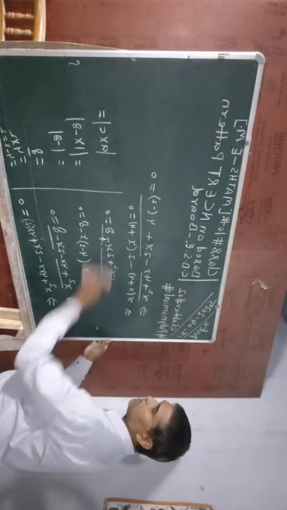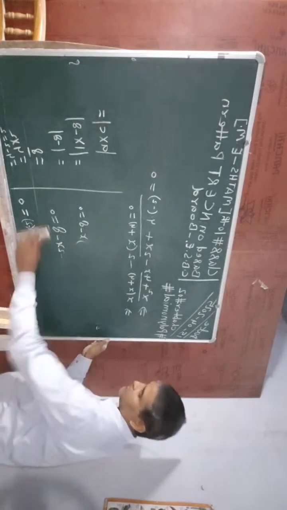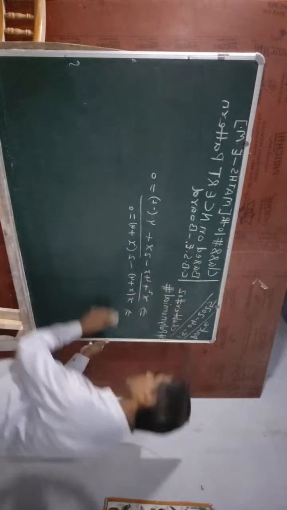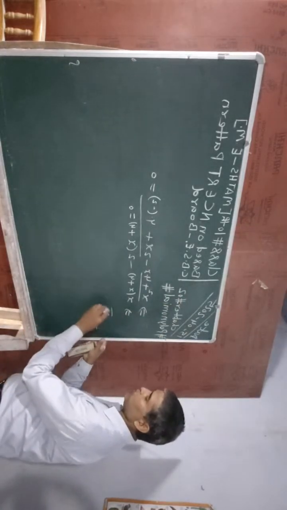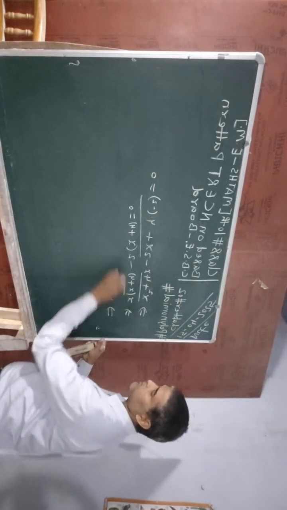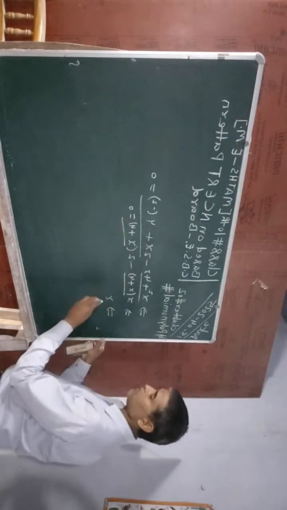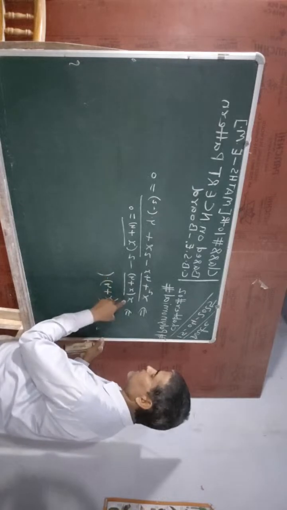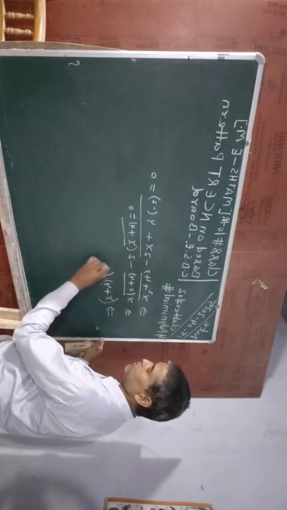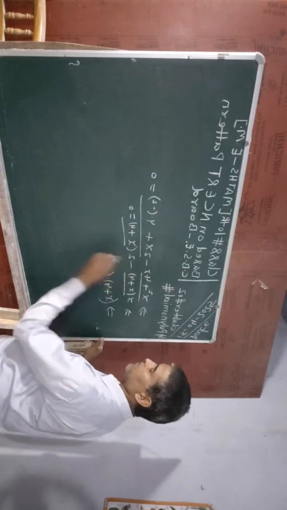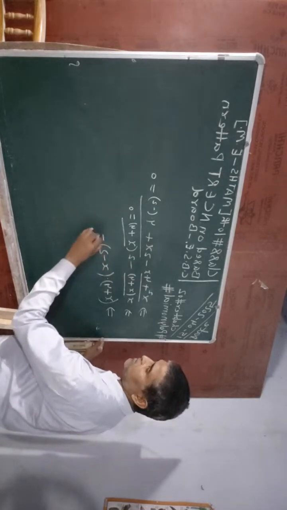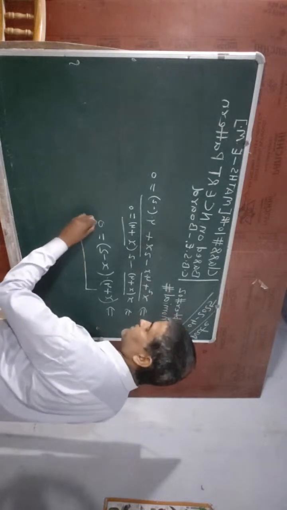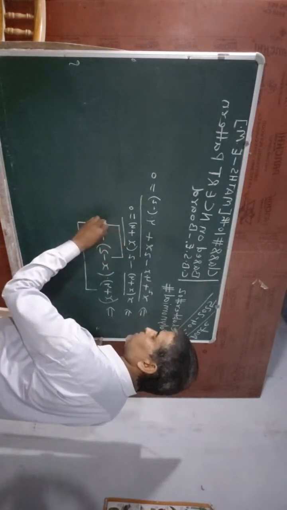Okay, student, so I am going to erase this data. Further, now again I am going to write x plus 4, and x plus 4 again common. So I will put here x plus 4, and in the other bracket I will write x is available, so I will put x, and here minus 2 is available, so I will put 2, is equal to 0. It means that this term can be 0 or this term can be 0.